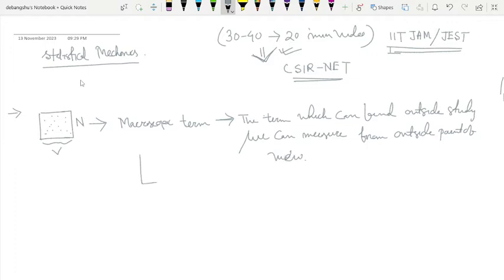Whatever the macroscopic terms actually are, number of particles, volume, temperature, pressure, all are macroscopic. These are macroscopic terms.